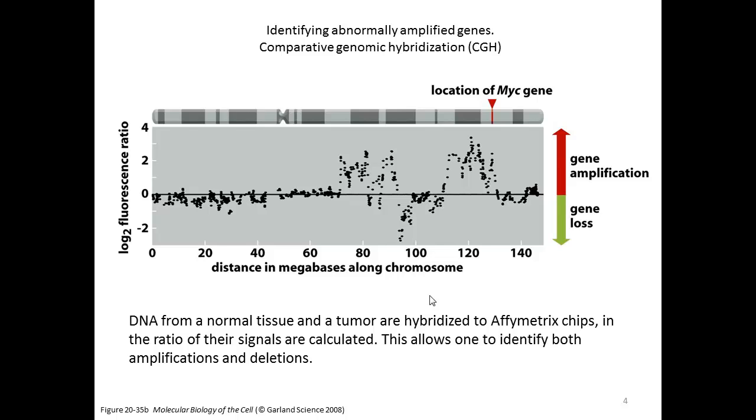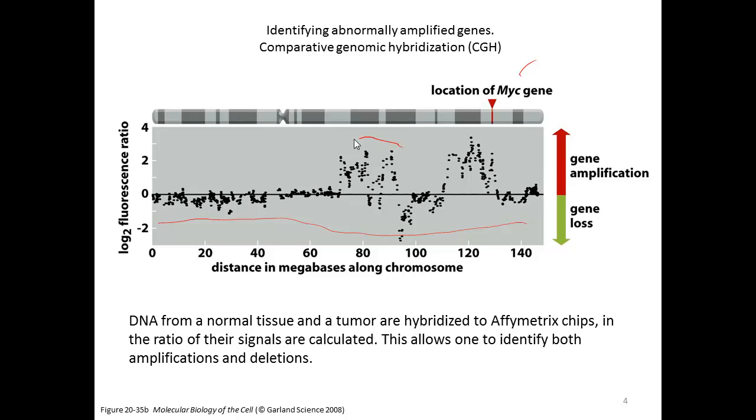Using DNA chips with different probes tiled in equal spacing along a chromosome, this is pointing out the location of the MYC gene that's on chromosome 8q, because it's on the long arm of the chromosome. We'll take 2 samples, a cancer sample and a normal sample, or a pool of cancer samples and a pool of normal samples. We'll label one red, one green, and hybridize that, and we'll see where the ratio changes.